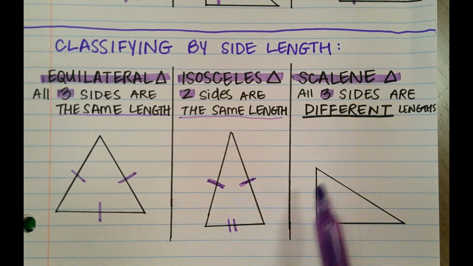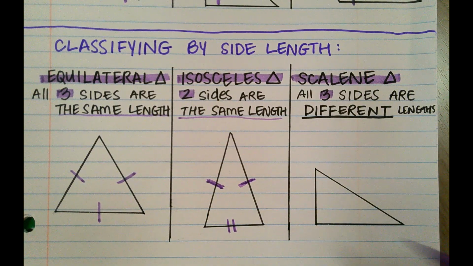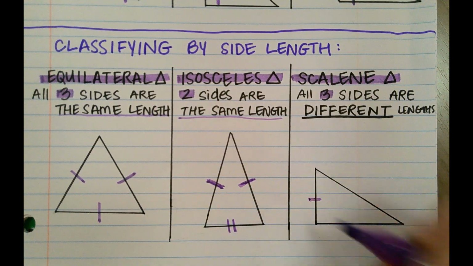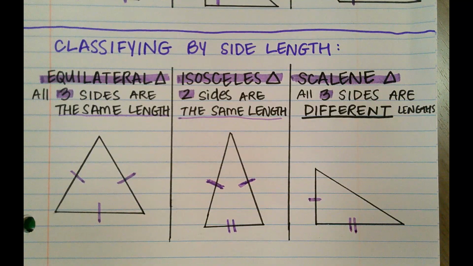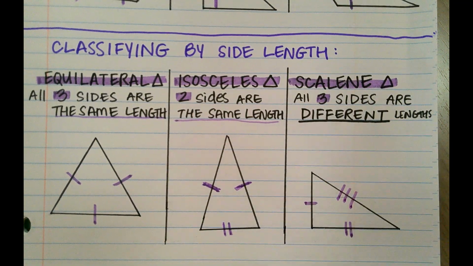And this time, all three sides get a different number of tick marks. So I might do 1, 2, 1, 2, 3. There you go. And there are our triangle types.